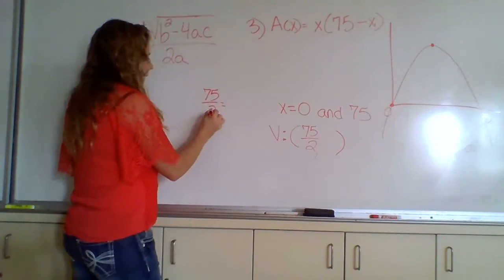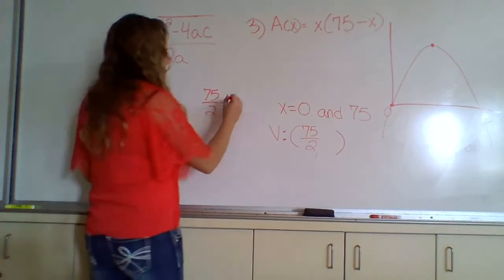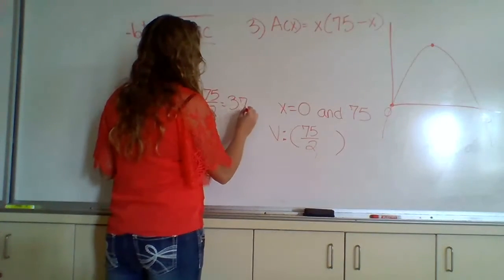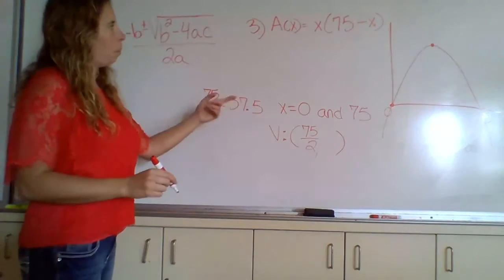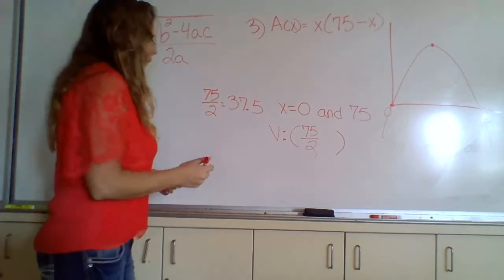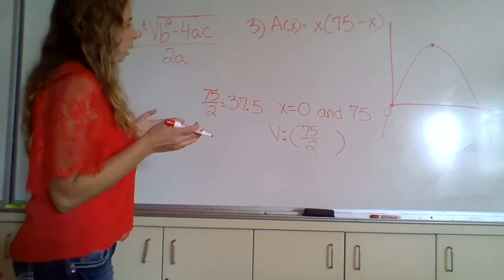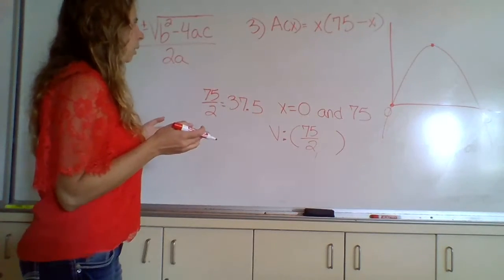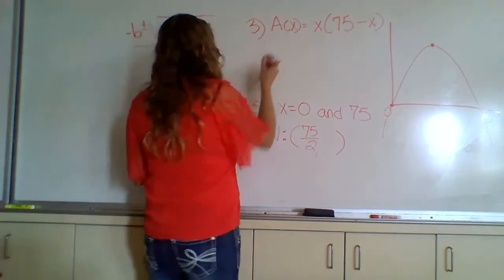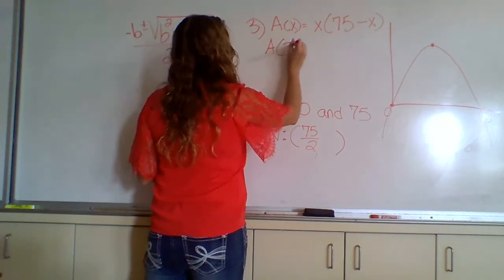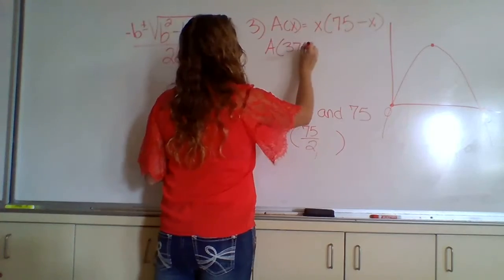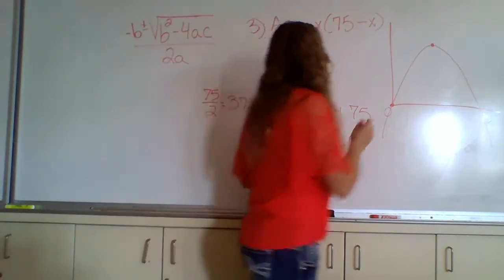If you divide that out, 75 divided by 2 is 37.5. So if you would rather work with a decimal, you could do that. I'll work with a decimal. So I'm going to substitute this in. So A of 37.5. I'm just substituting that in for x.